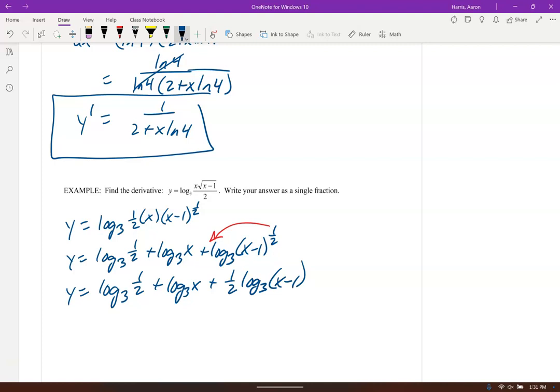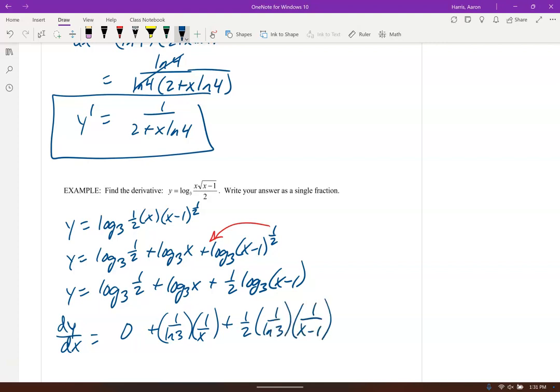Now let's go ahead and take the derivative. So dy dx, derivative of a constant is 0, plus derivative of log base 3 of x is just 1 over ln of a times 1 over x, right? It is just an x right there. Plus 1/2 stays there, 1 over the ln of 3, 1 over the x minus 1, derivative of x minus 1 is just 1.